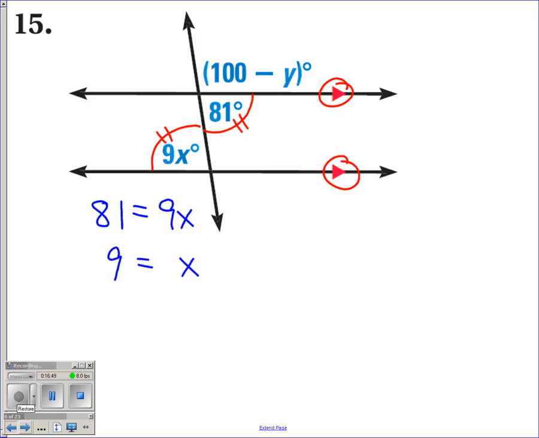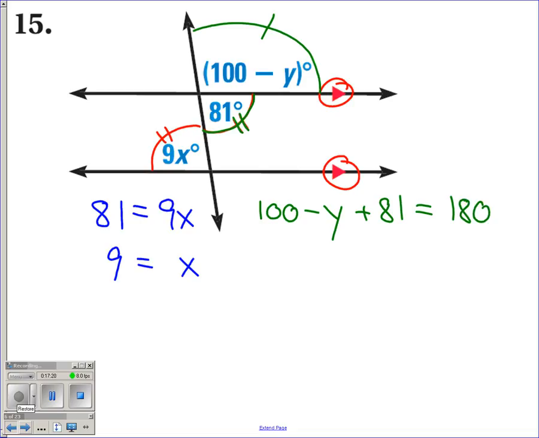Well, if we know that that's 81, look at this angle right here. Well, that angle and the original 81 are a linear pair. They're adjacent and supplementary. They have to add up to 180. So I'll write down 100 minus y plus 81 is equal to 180 degrees.